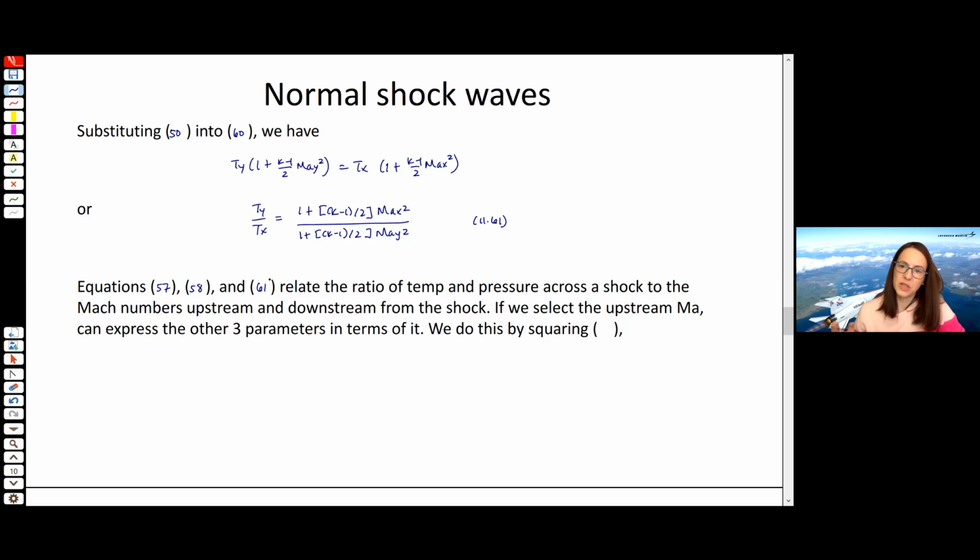All those formulas, it's great that we have them, but they all contain both the upstream and downstream Mach number. We would really like to have it just in terms of the upstream Mach number because it makes the calculations a lot easier. So if we take 57, the ratio of Mach numbers, and square it, we get the following result.